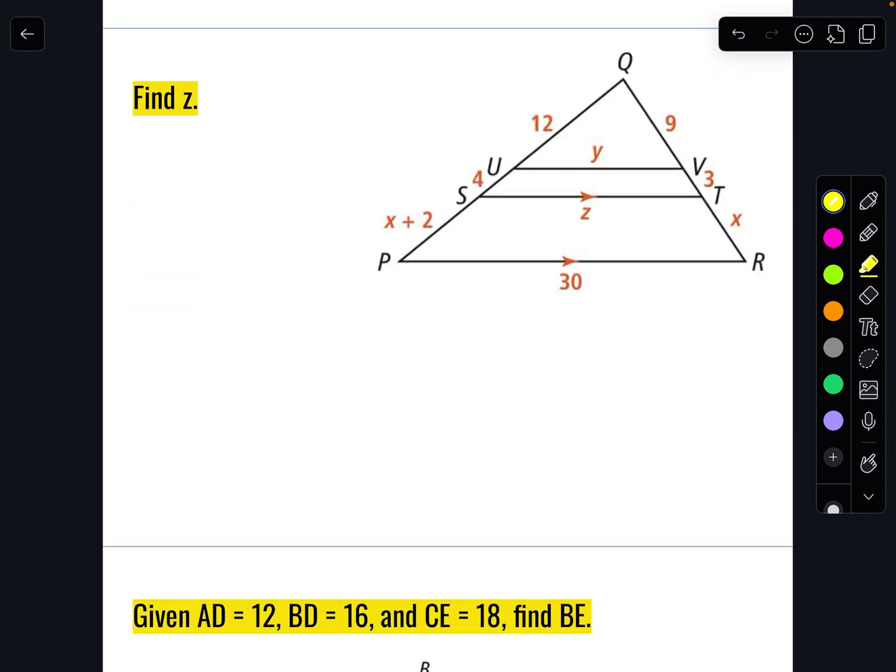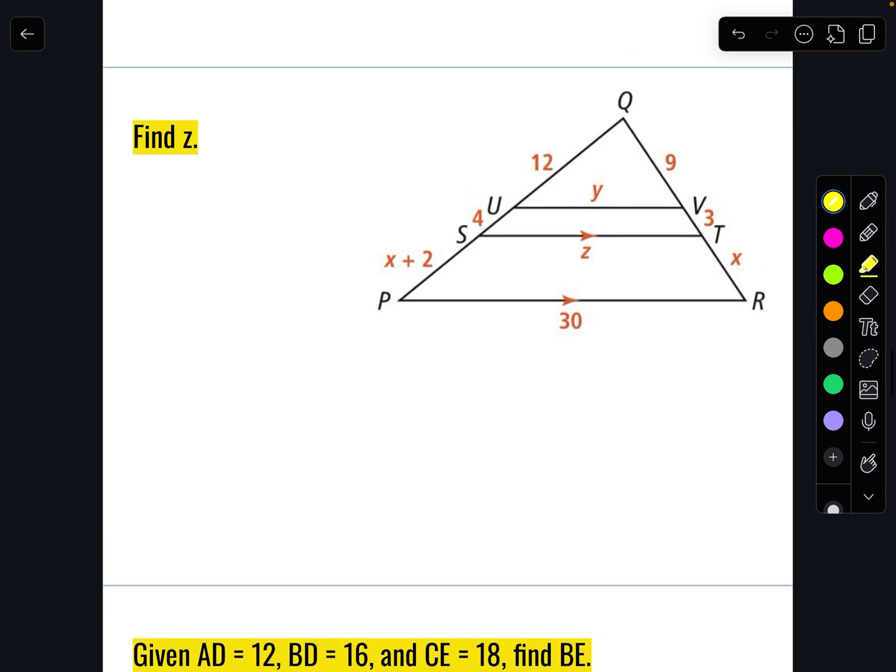Now we're going to find Z. To find Z, we're going to use similar triangles again. So I'm going to draw my triangle that has to do with Z. So here's Z. This is S, Q, and T. I know from S to Q is 16. I know from Q to T is 12.